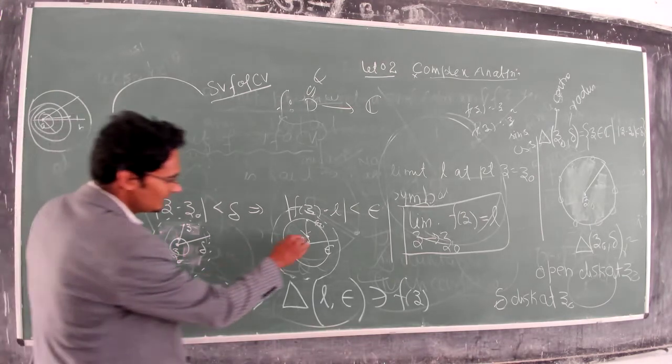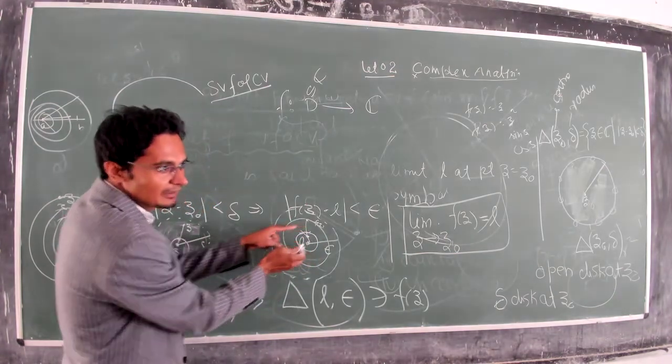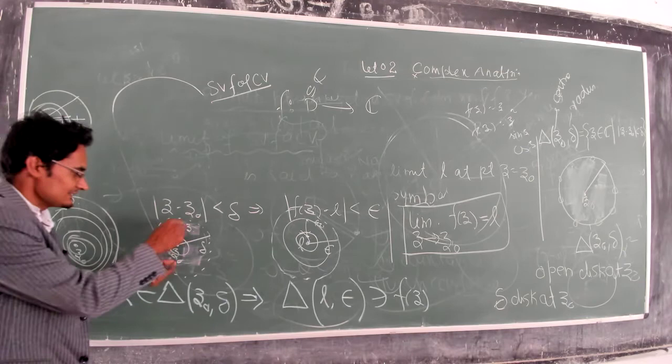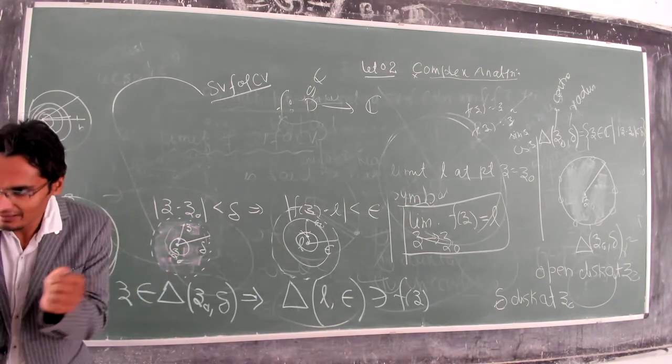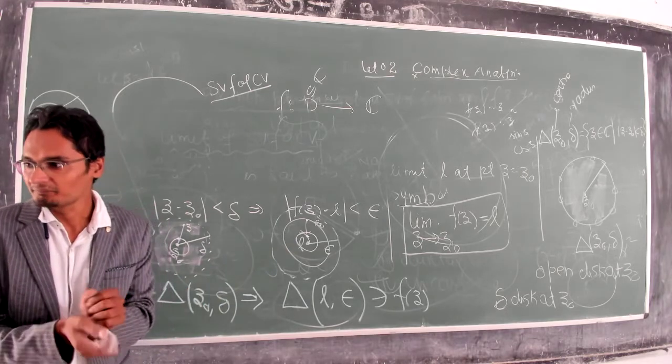Then automatically f of z should also be within this disk, meaning as the distance between z and z naught decreases, f of z and L will start decreasing.